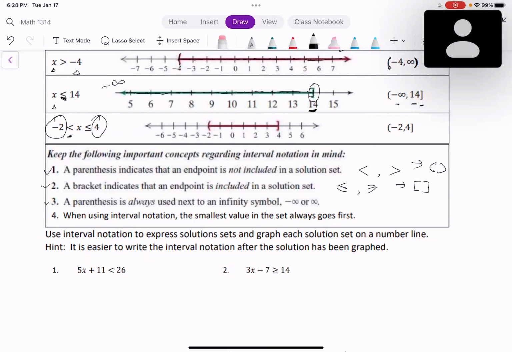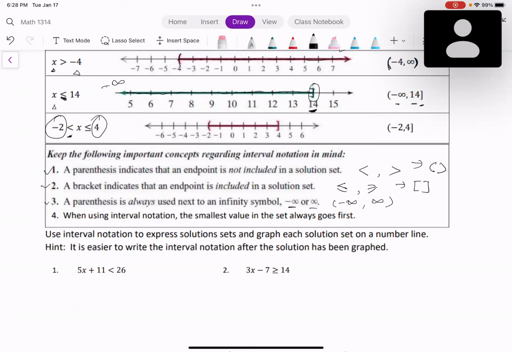And number 3, a parenthesis is always used next to an infinity symbol, so negative infinity or positive infinity. For example, I have this and this. Number 4, when using interval notation, the smallest value in the set always goes first.